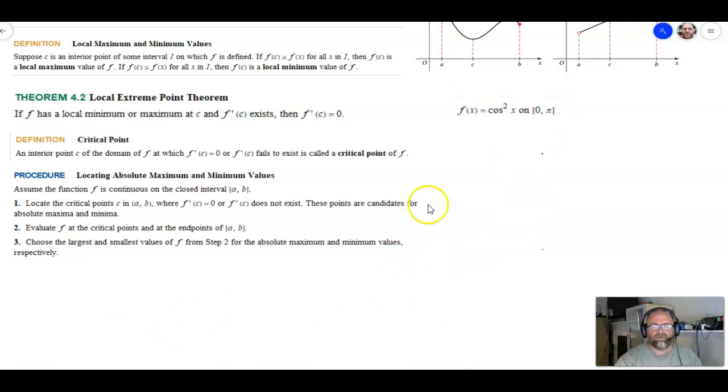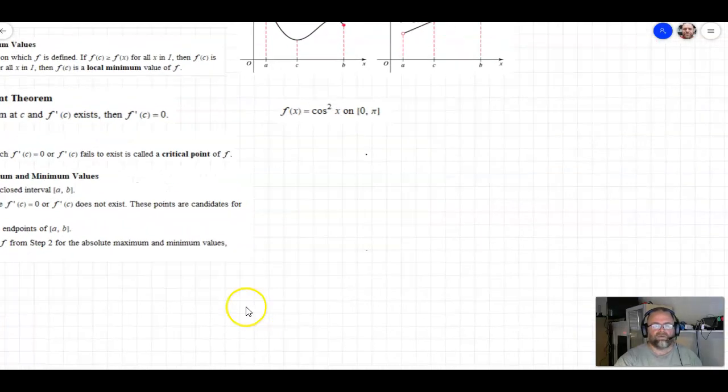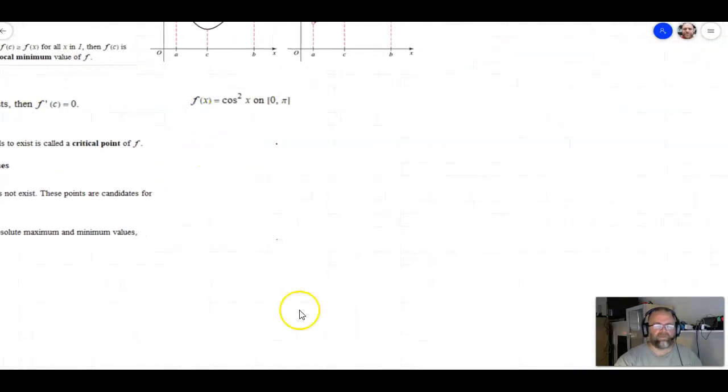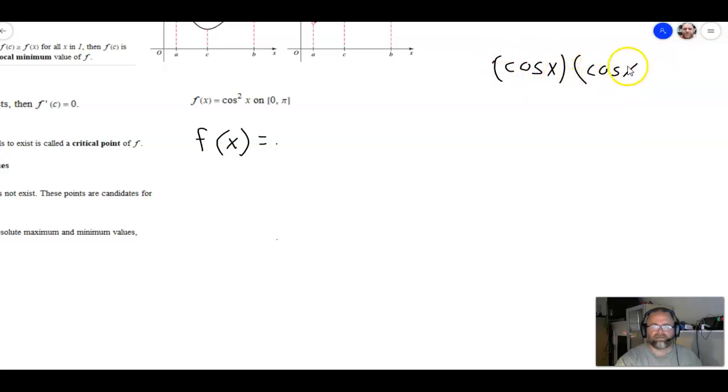So what do we do here? Well, we need to find out where the derivative of this function is equal to 0. So let's find the derivative. We're going to use the product rule for this one. I'm going to do it off to the side here just to show you. Cosine squared of x is really just cosine of x times cosine of x. So it's going to be the first times the derivative of the second.